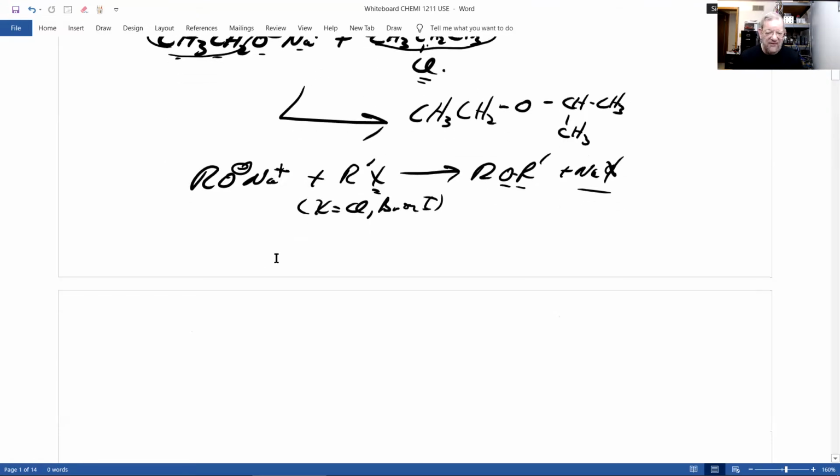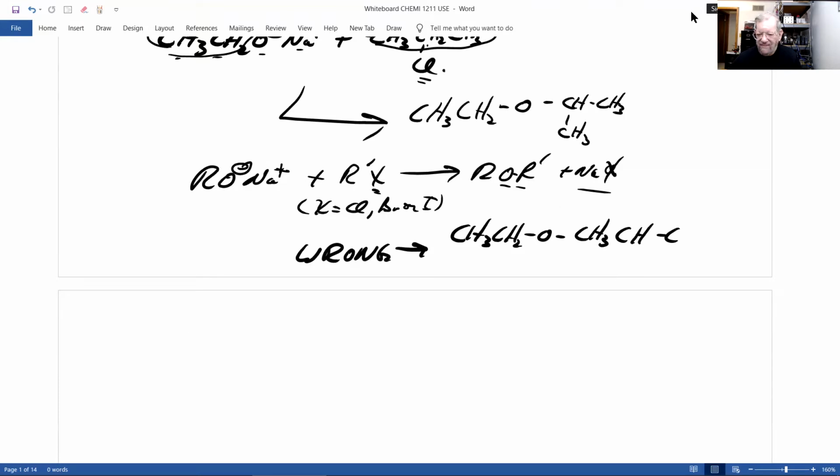Now, let me show you something that students sometimes do with this reaction, and it's wrong. For the same reaction, I'll do something like this. And what I see is this oxygen is bonded to the end carbon. Also, you see something else quite wrong on this carbon.